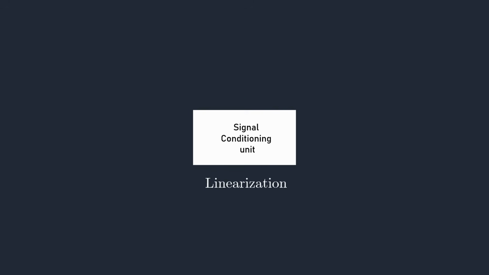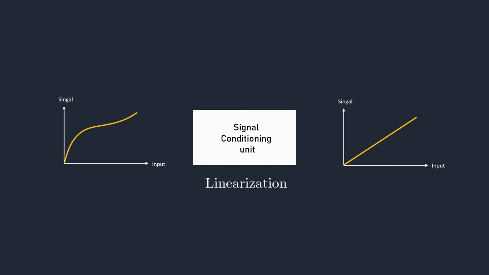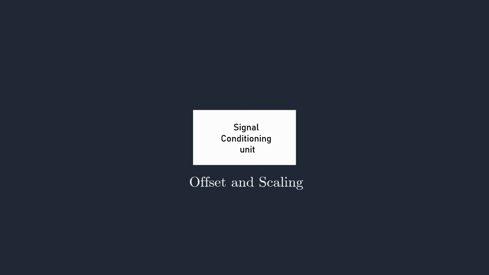Third is linearization. Many sensors such as thermocouples or RTDs don't have a perfectly linear response. The conditioning circuits correct this non-linearity, so the output becomes directly proportional to the measured quantity. Then the offset and scaling.